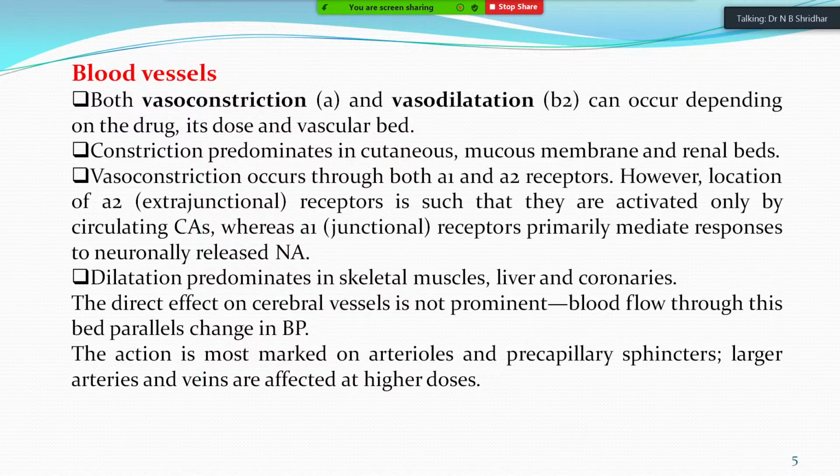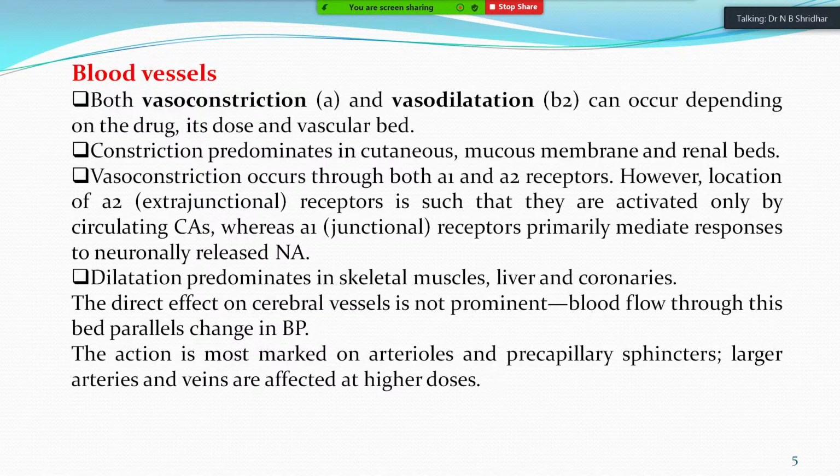The vasoconstriction occurs by activation of both alpha 2 and alpha 1, but the location of alpha 2 is not always presynaptic; it is extrajunctional, meaning outside the junctions, so it is activated only by circulating catecholamines. In the synaptic cleft the noradrenaline is secreted and can only act on the postsynaptic receptors, and those receptors, especially alpha 1, primarily mediate the response. Dilatation is mediated in the skeletal muscles.